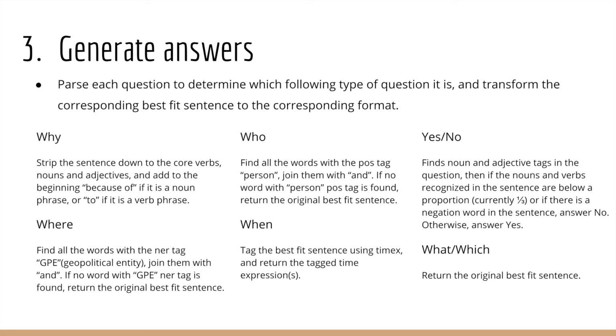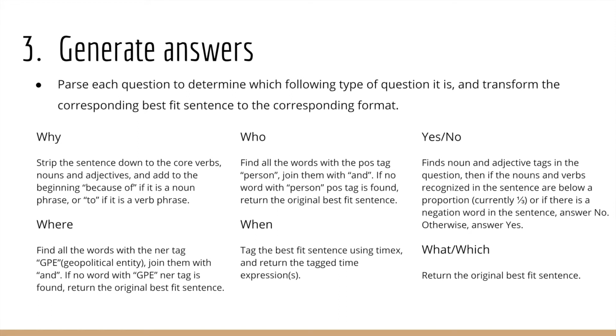So for what and which questions, we just return the original best fit sentences without any modification. But for a question type like why, we have to strip the sentence down to the core verbs, nouns, and adjectives, and then add to the beginning because of if it is a noun phrase, or to if it's a verb phrase.